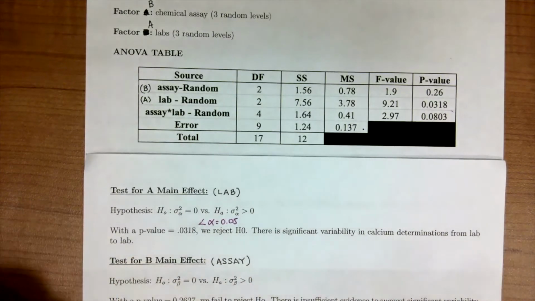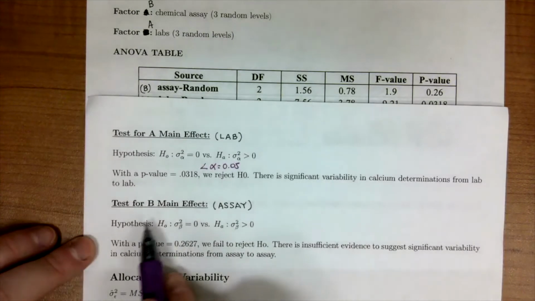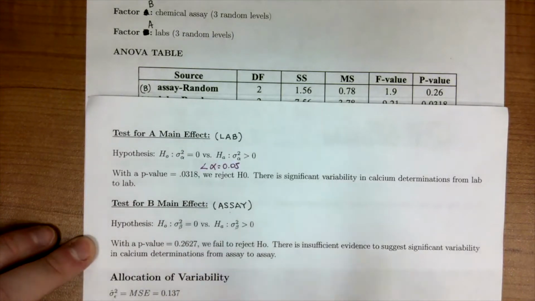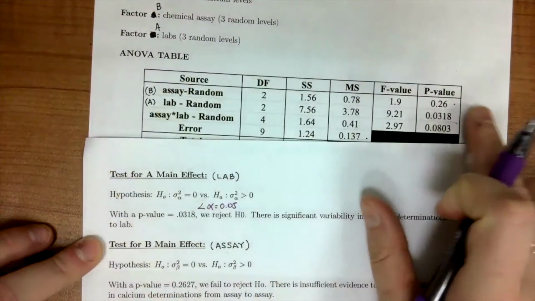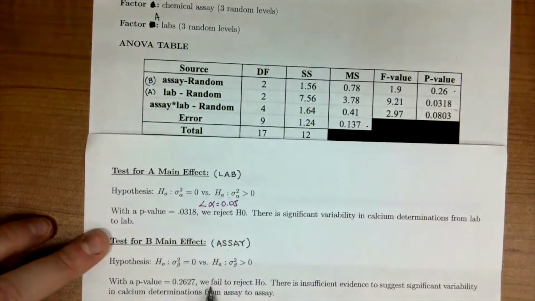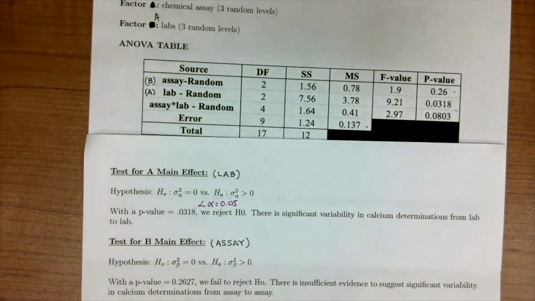Then again, we can do the main effects for our assay. We'll get the p-value from here, and we'll fail to reject because this is greater than our significance level, so there isn't enough evidence to suggest that there's significant variability from assay to assay.